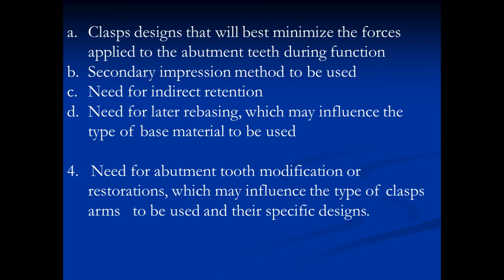So which arch? The first one, whether it's maxillary or mandibular. Then we have to see the orientation of the occlusal plane. Then we have to see the morphology of abutment teeth.